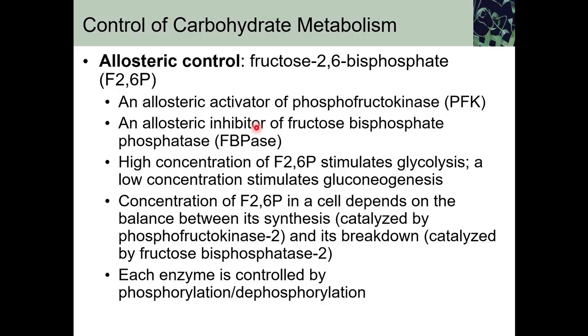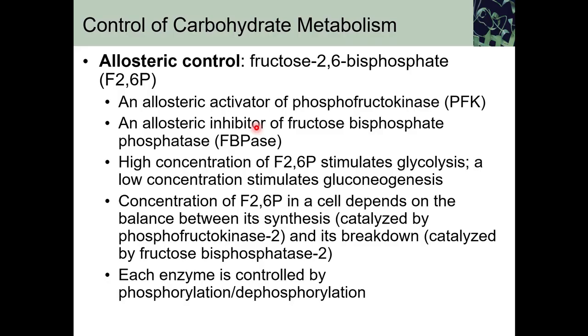And also, the fact that you have a lot of fructose 2,6-bisphosphate suggests that your cell is in need of ATP, and that's why it's encouraging phosphofructokinase, in order for you to generate more ATP in glycolysis and ultimately more ATP in the Krebs cycle and through oxidative phosphorylation.